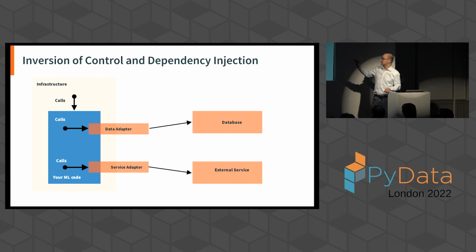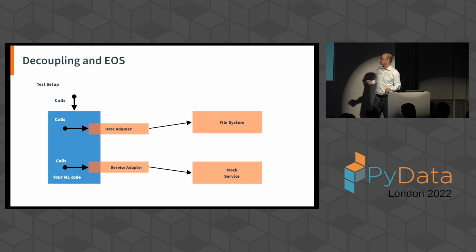You also decouple with dependency injection from external interfaces for databases or external services. This happens through adapter classes, and we are going to see a couple of examples later in the talk. So in the test environment, you are using the same code.